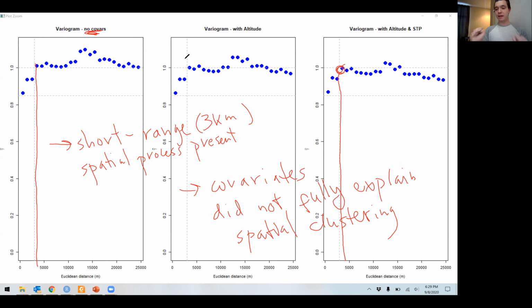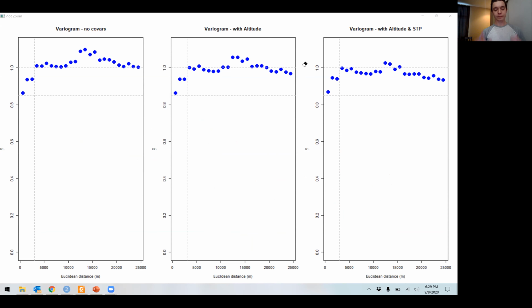Okay? If, on the other hand, when I included covariates and recomputed the variogram, I started to compare my variogram with no covariates of any kind to a variogram with all kinds of covariates, and what I would get was actually something that looked like this.